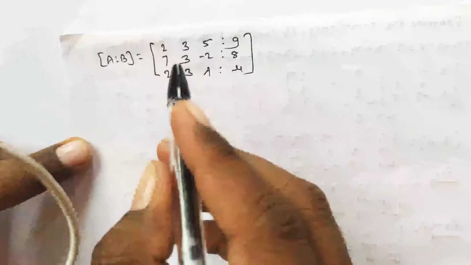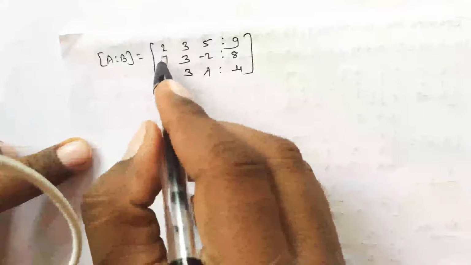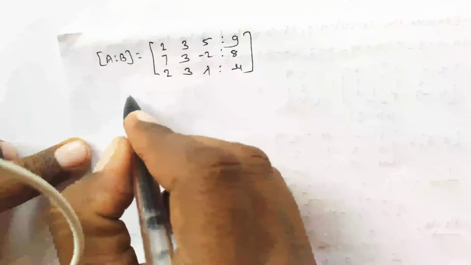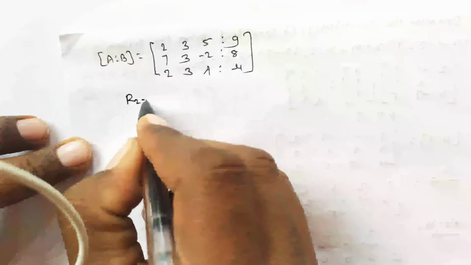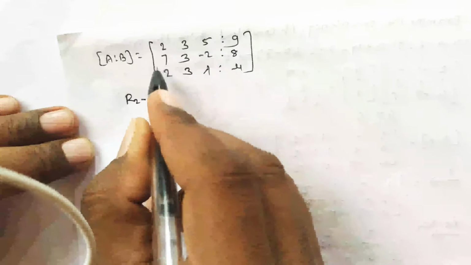How to reduce? We want this 7 and 2 to be 0. For that we want a 1 here, because without 1 we can't make this 0. So how to get 1 here? If we use the operation R2 minus 3 times R1, then we will get 1 here, and then we can interchange.